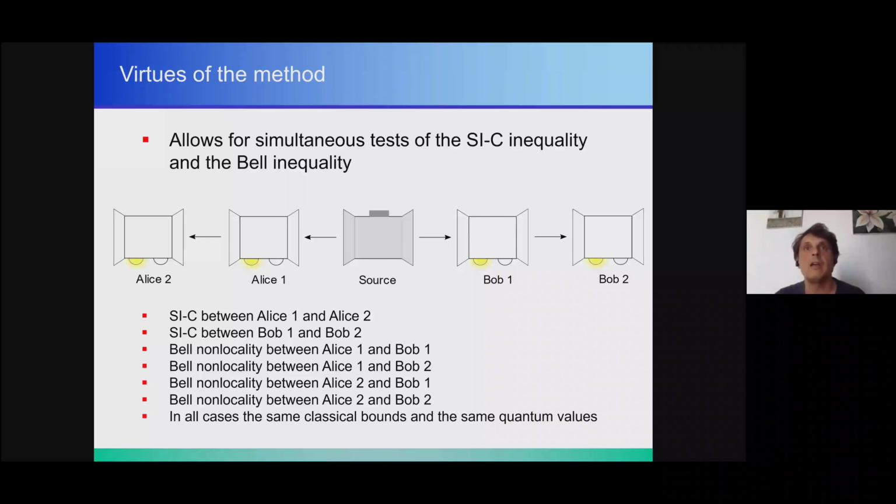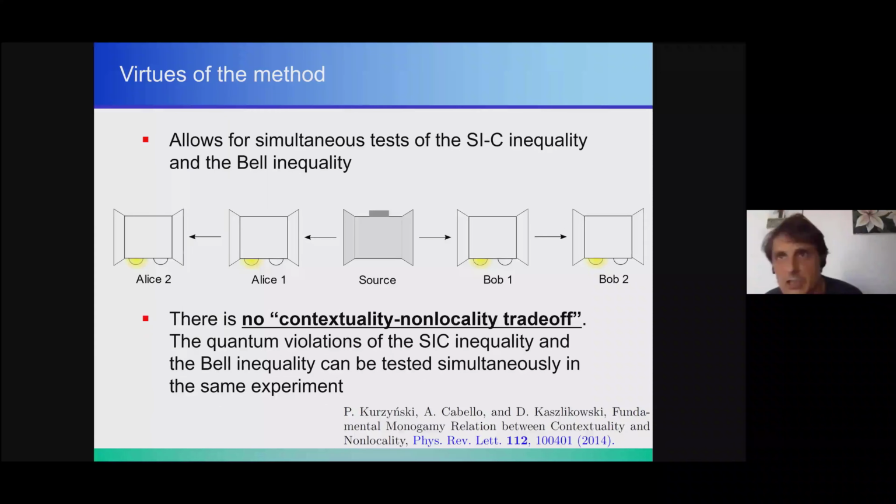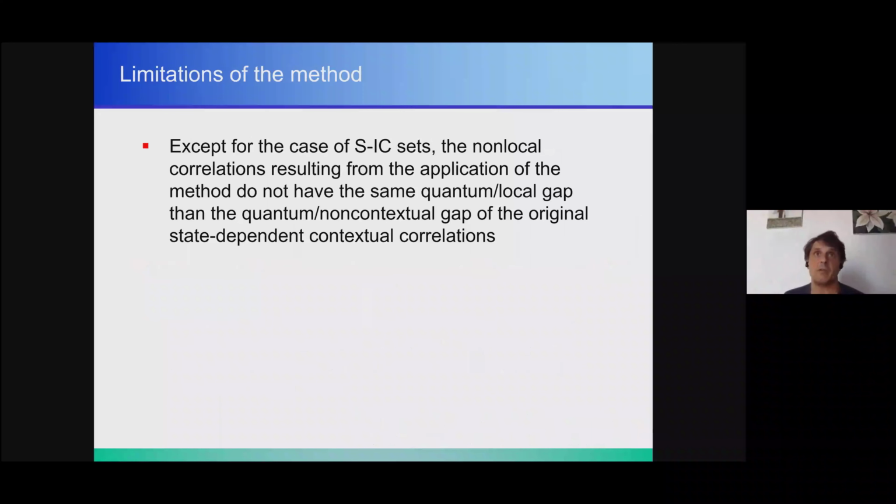And in particular, here there is no contextuality-non-locality trade-off like the one we found with Pawel Kurzynski and Dagomir Kaszlikowski long ago, because here the quantum violations of the Kochen-Specker inequality and the Bell inequality can be tested simultaneously in the experiments. Limitations of the method: except in the case in which the initial set is already a Kochen-Specker set, the non-local correlations resulting from the method do not have the same quantum local gap as the quantum non-contextual gap of the original state-dependent correlations.